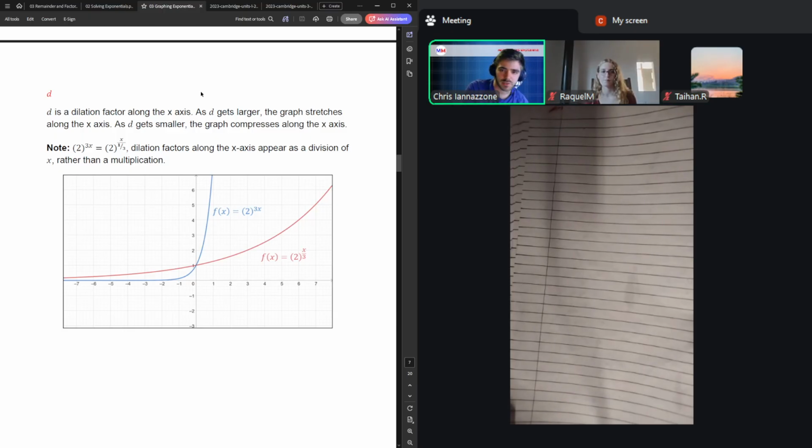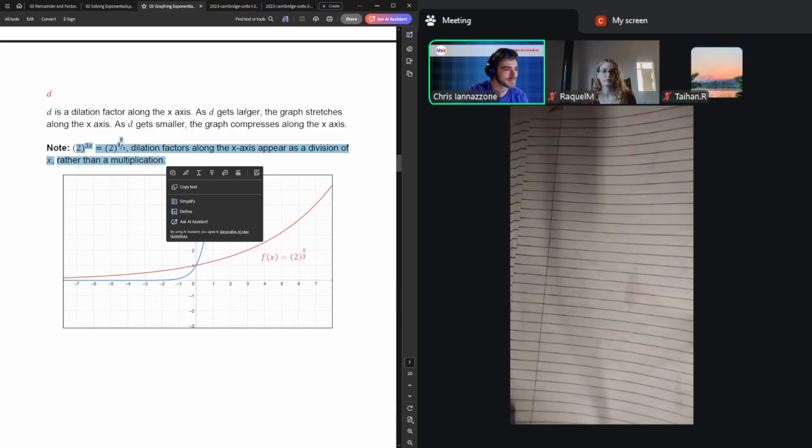That takes us back to some transformation fundamentals, where the x stuff always appears to be a bit backwards, kind of like how subtraction in x makes it go right and plus makes it go left. Division is the default for the dilation factor in x, and with multiplication you have to flip it to reveal what the actual factor is, which I've written a basic note about here.